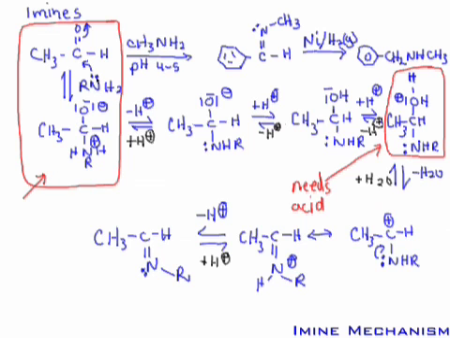Too much acid will protonate the lone pair. If that lone pair gets protonated, it can't nucleophilically attack. So there's a narrow window which optimizes both conditions. In other words, how low can we take the pH so that we can get the water to leave, but it's not so low that we protonate the amine and kill the reaction. And that turns out to be, in this case, a window of pH 4 to 5.